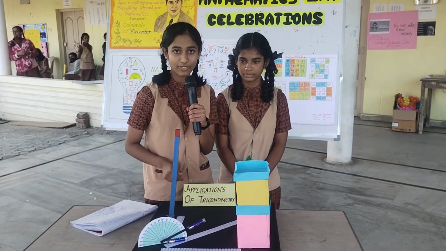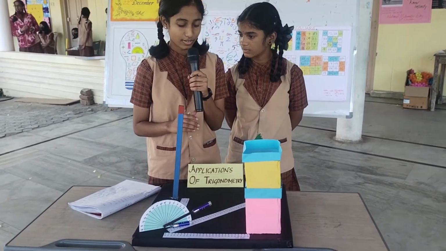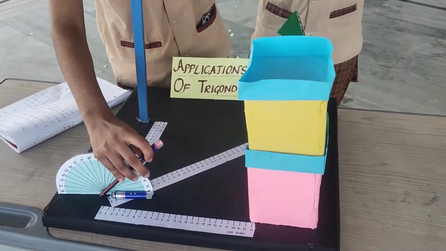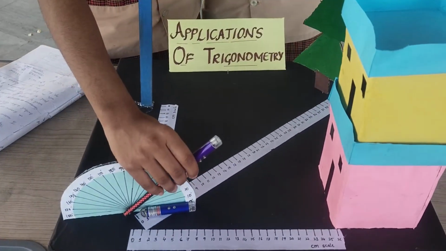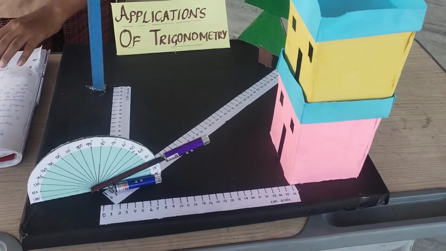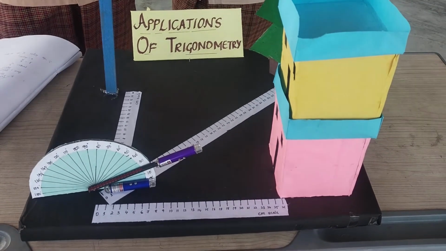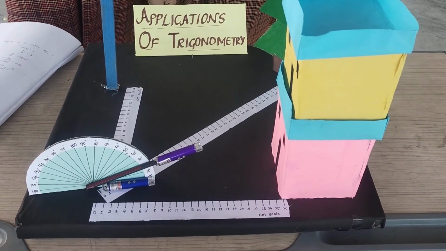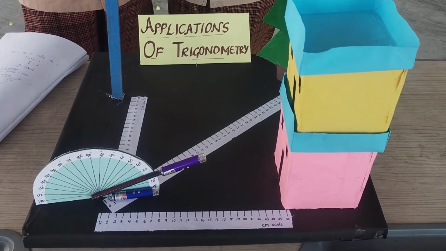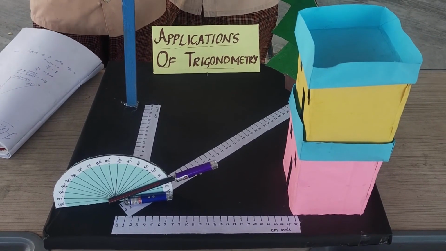For example, if there is a house and we don't know the height of the building, and we know the distance and the angle. The angle is 45 degrees and the distance is 26 centimeters. By using trigonometric ratios, and tan theta is a ratio of trigonometry, by substituting the values, the distance is the adjacent side and the height is the opposite side.